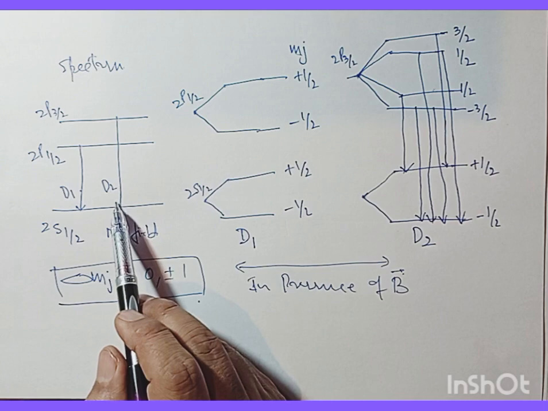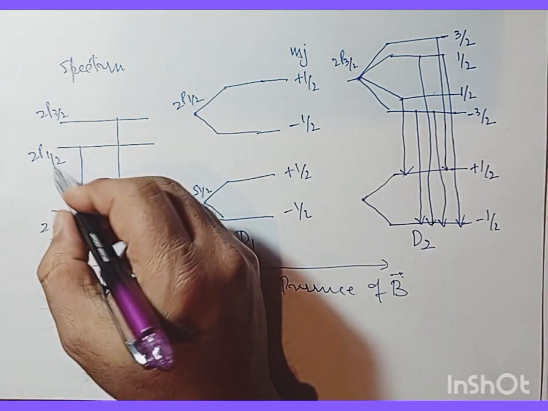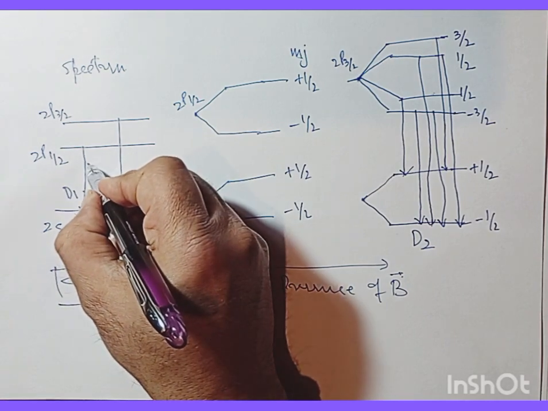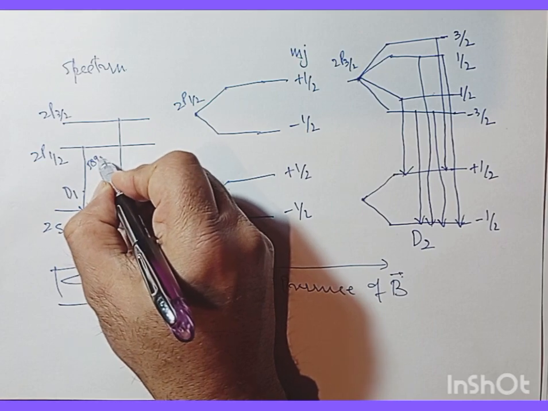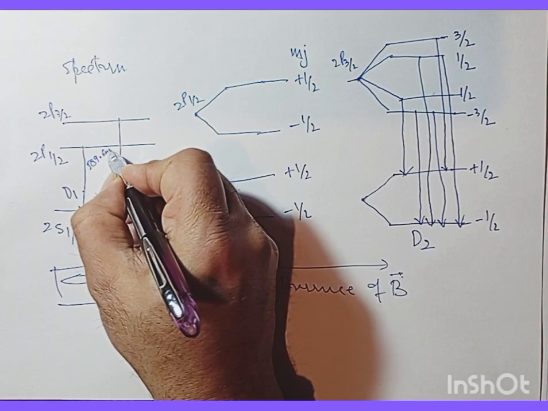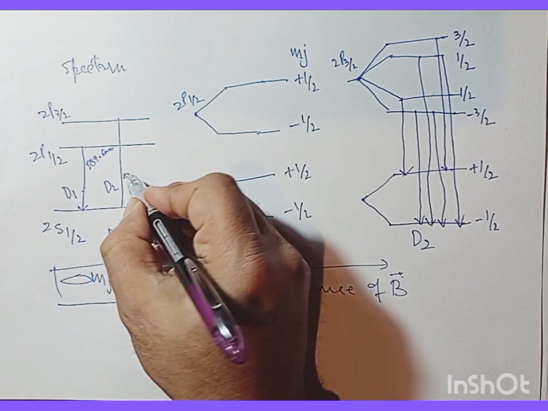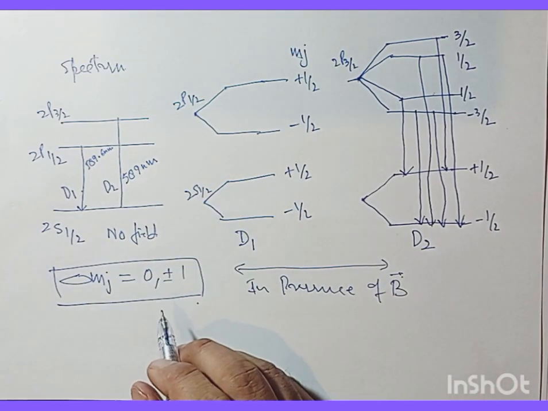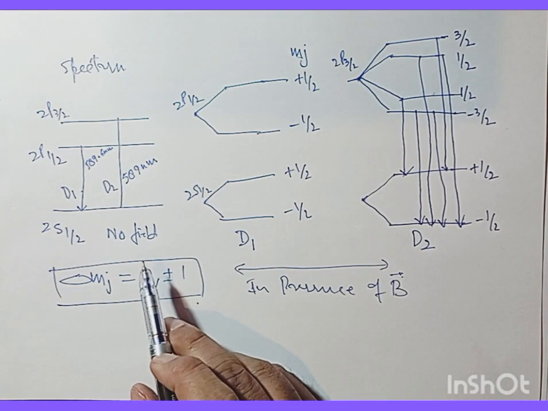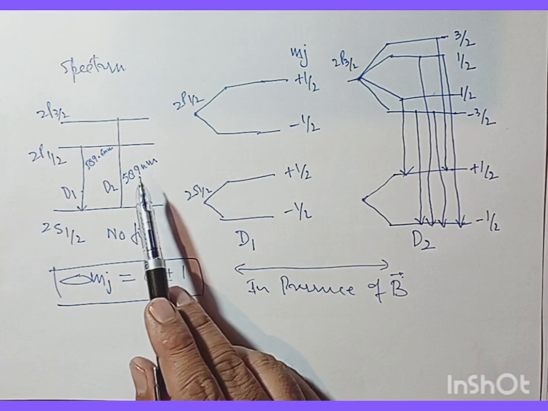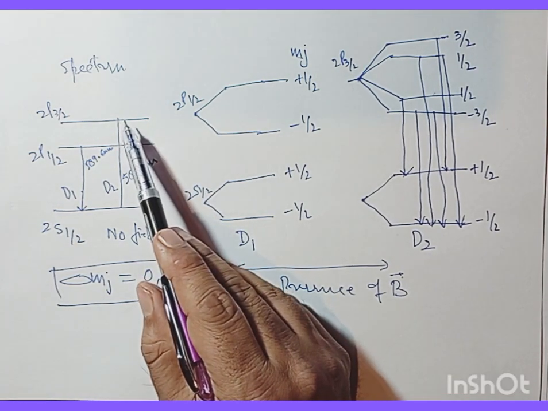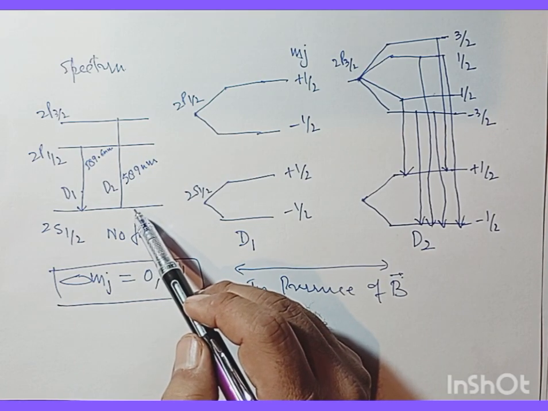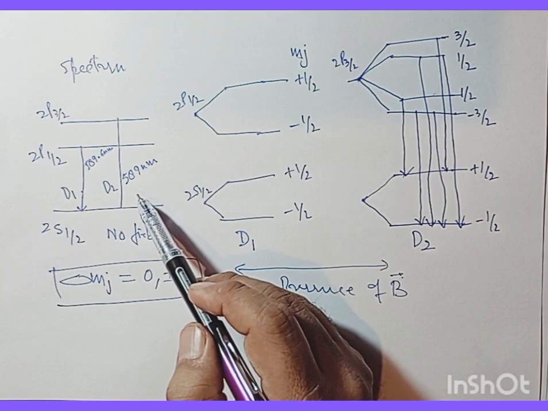And similarly, for this D2 line, I should also go with its wavelength. For the D1 line, the wavelength is nearly 589.6 nanometers, and for the D2 line it is 589 nanometers. This D2 line is obtained from the transition between P 3 by 2 and S 1 by 2, for which there are eight possible transitions.